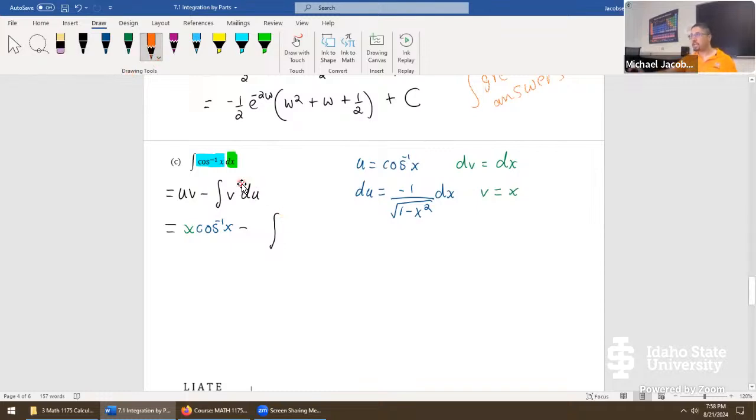For the portion that goes v du, you're just taking this and this, multiplying those two together. But same conflict with the constant, it's just convenient to take that negative one, put it over here. Now we don't have to worry about that. It'll just be an x. It's multiplying a fraction with a positive one, so down below will be root 1 minus x squared.